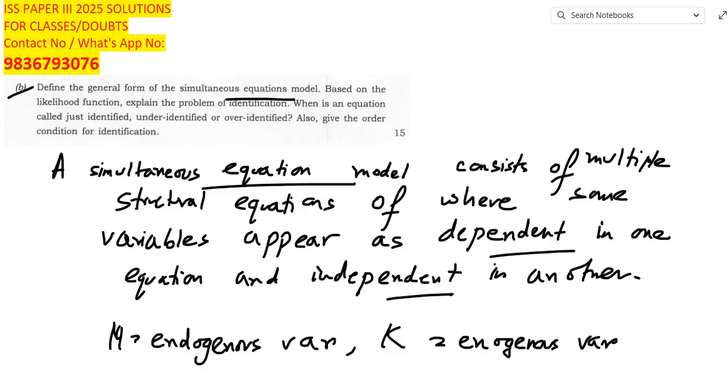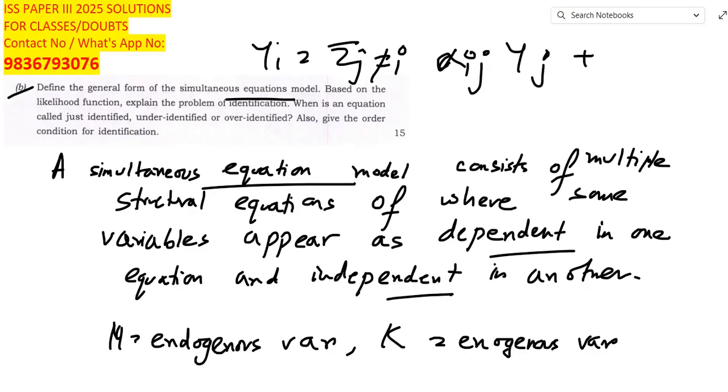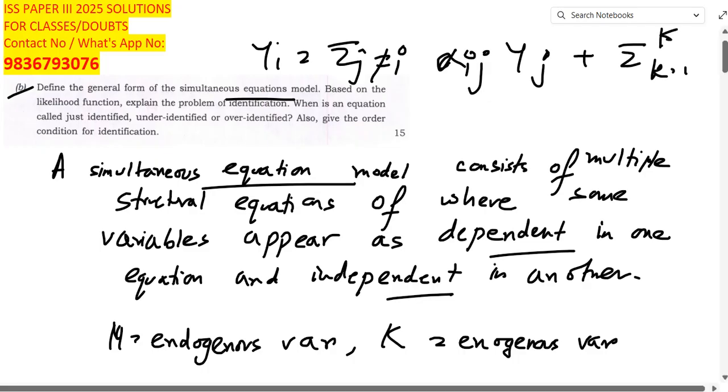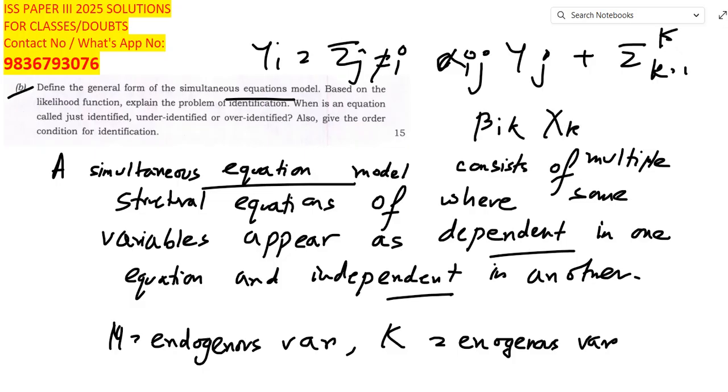So here yi equals summation over j not equal to i of gamma ij yj plus summation of k from 1 to K of beta ik xk plus mu i, the error term.